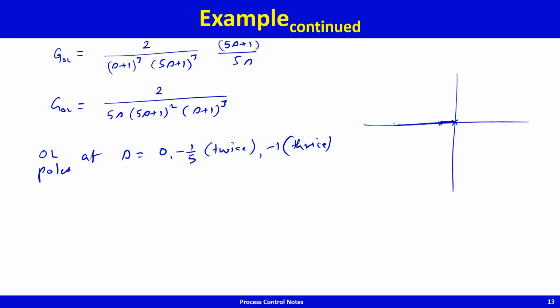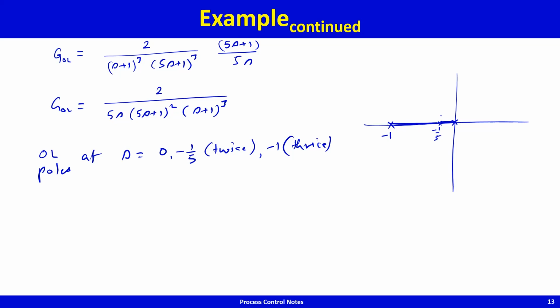And then you got minus 1 thrice, so 0, minus 1 by 5, minus 1, minus 2, minus 3. Again there will be the asymptotes at plus minus 30 degrees, plus minus 90 degrees, and plus minus 150 degrees.